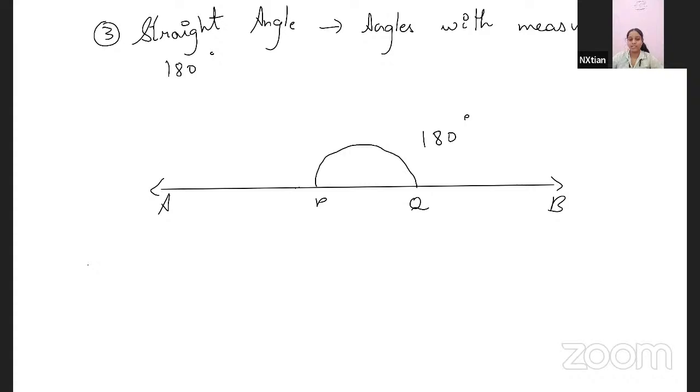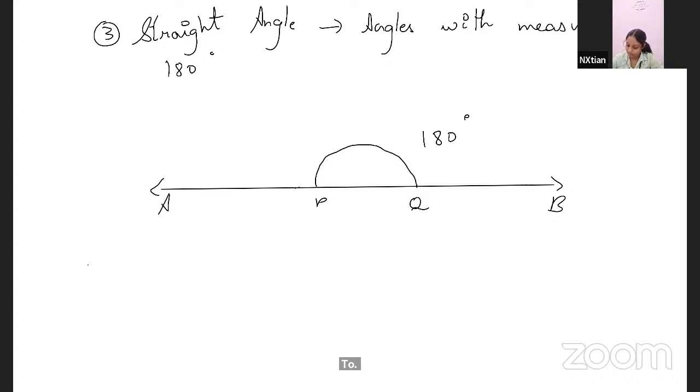What's the double of 90? Ma'am, 180. That's correct. And basically 180 degrees is a combination of two 90 degrees.